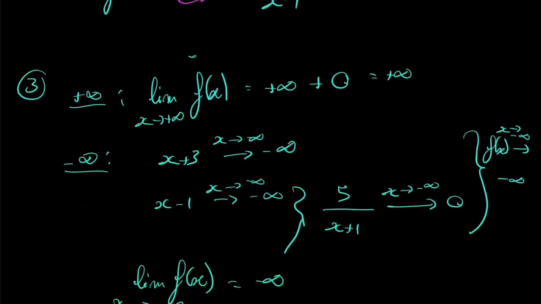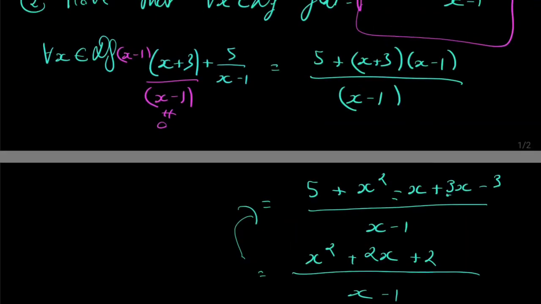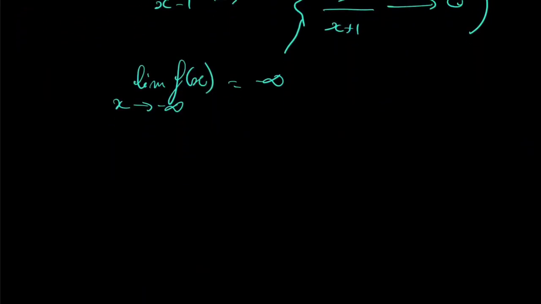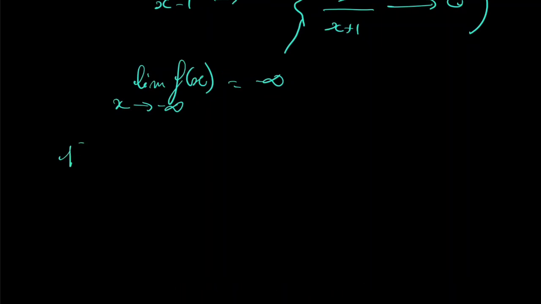Okay, for this part. Now, what happens? So our problem is at x equal to 1. And we will try to see what happens just before 1 and just after 1. Okay? So in 1 minus first. What is the limit in 1 minus?